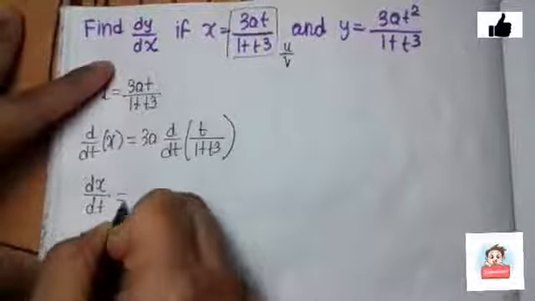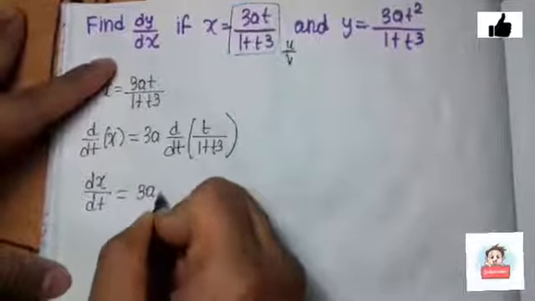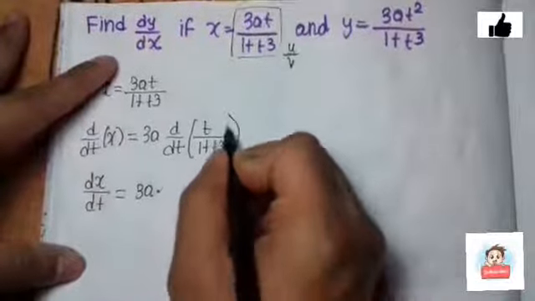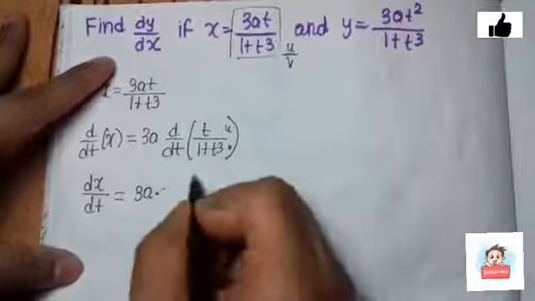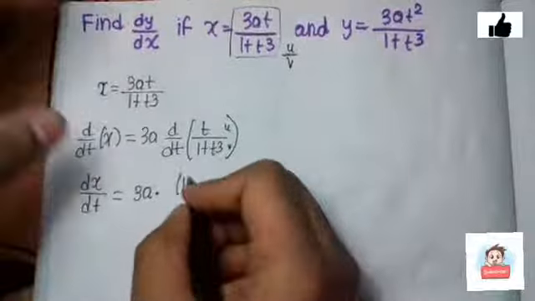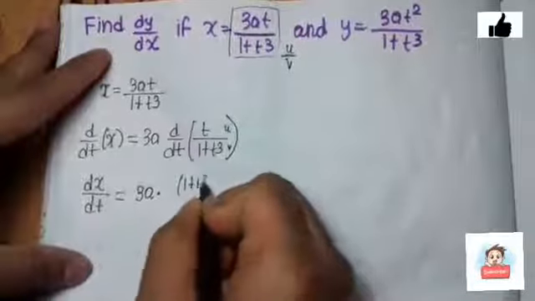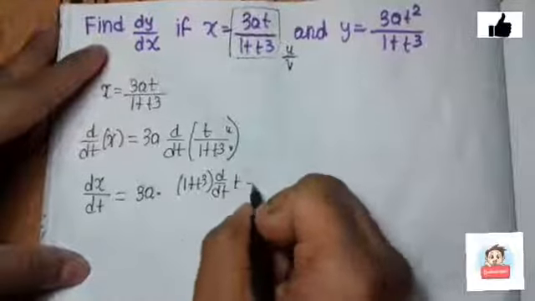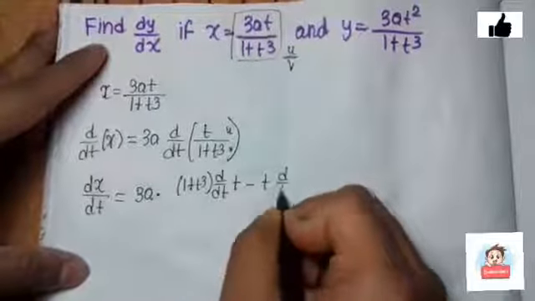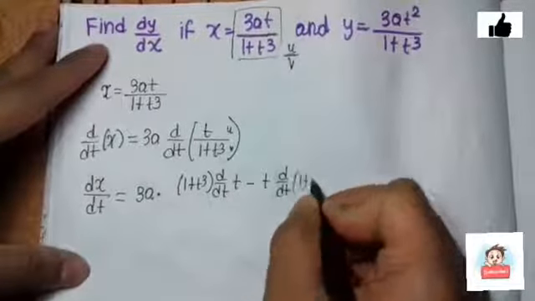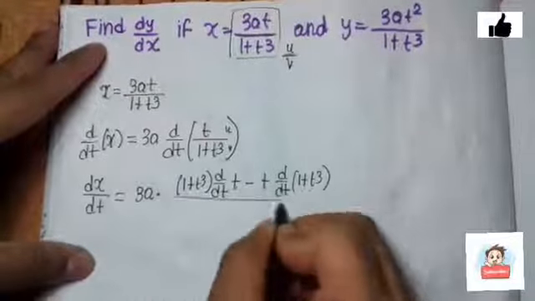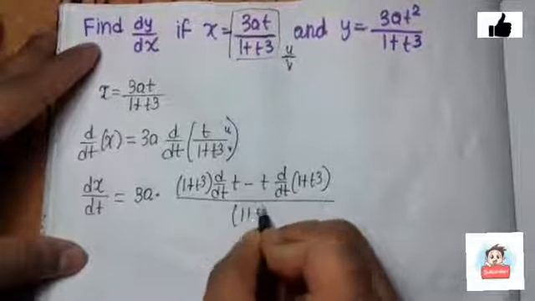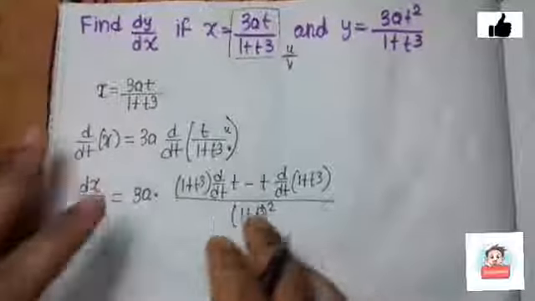dx by dt equals 3a will be outside. Now the formula is, this is our u and this is our v. So v comes up in the numerator, 1 plus t cubed, d by dt of t, then u, t minus t, d by dt of 1 plus t cubed, whole divided by 1 plus t cubed whole square.